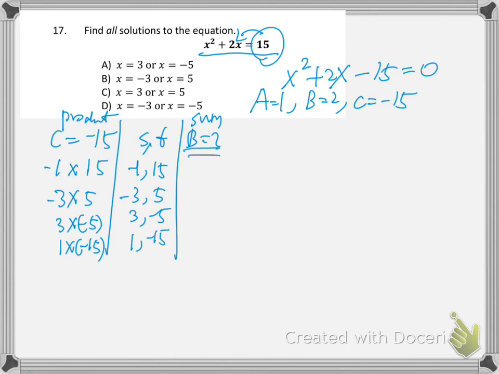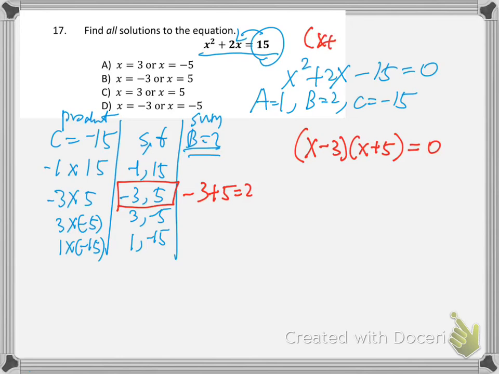So which one's sum is 2? -3 and 5. Okay, so we factored this side. We got x plus s and x plus t. So what is s? -3. What is t? +5.